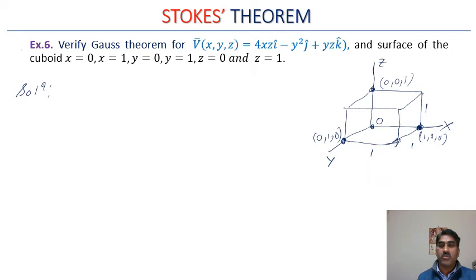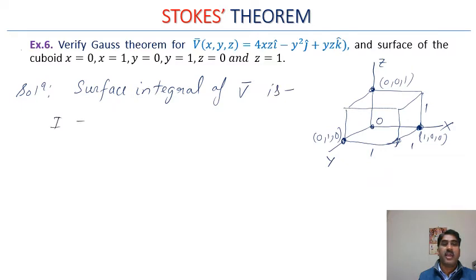So now take I equal to the surface integral of the given vector. The surface integral of V is I, the double integral over the surface of the cuboid of V dot dS.